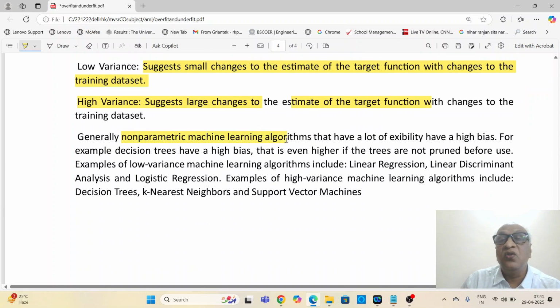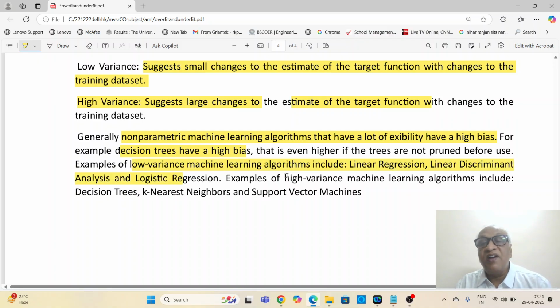Non-parametric machine learning algorithms have a lot of flexibility and high variance. Decision trees have high variance. Low variance machine learning algorithm examples are linear regression, linear discriminant analysis, and logistic regression. High variance machine learning algorithms include decision trees, k nearest neighbors, and support vector machines.